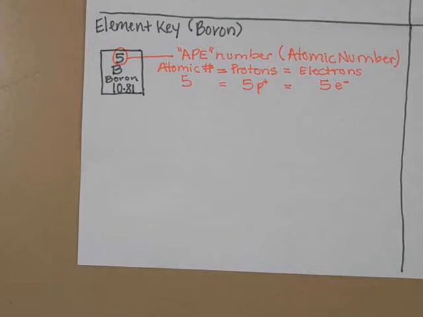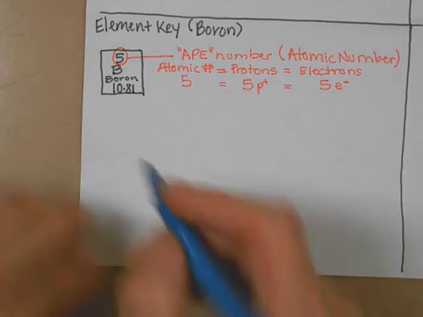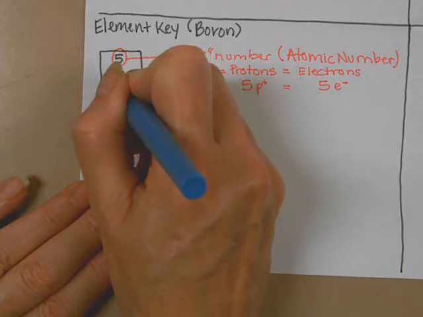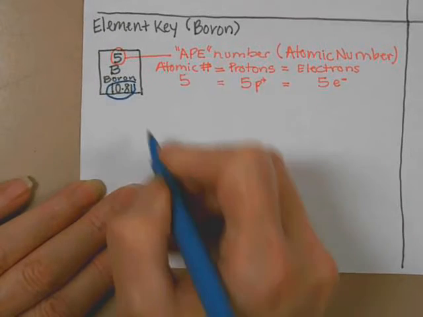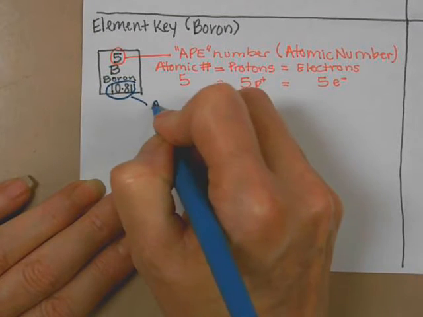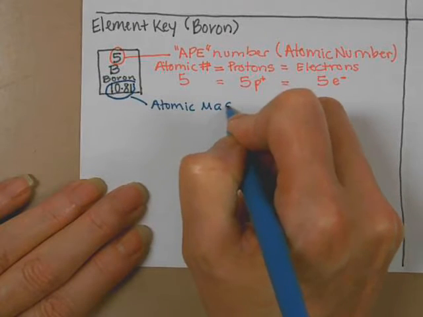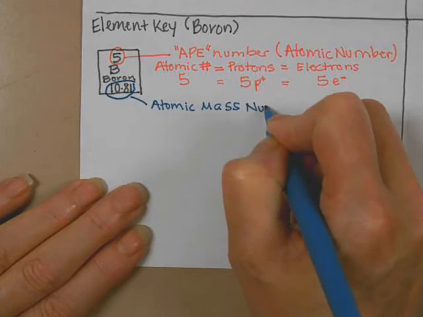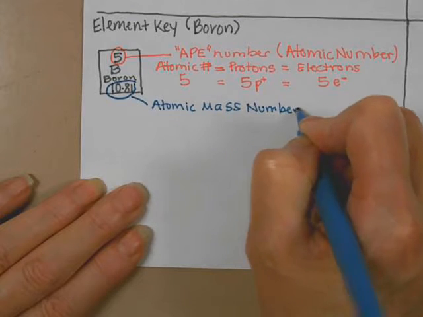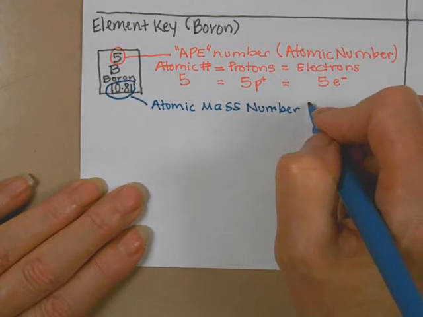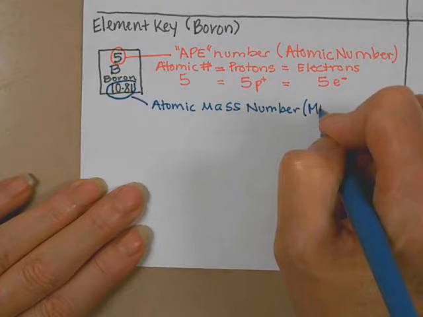All right, and we're going to look down here towards the bottom. This bottom number is also important. On the periodic table, they call it the atomic mass. We're just going to shorten that to mass number.